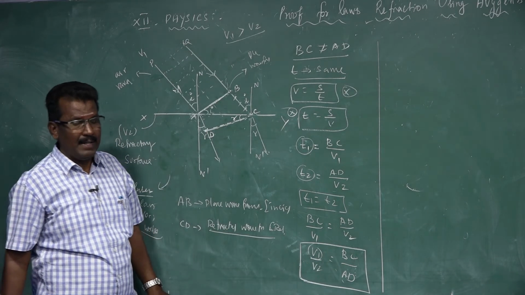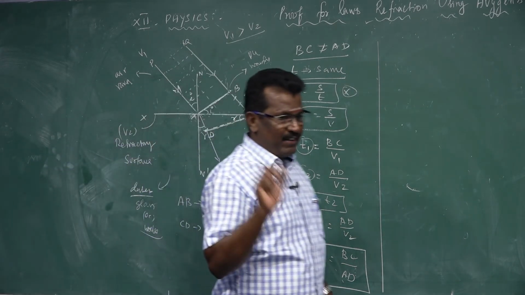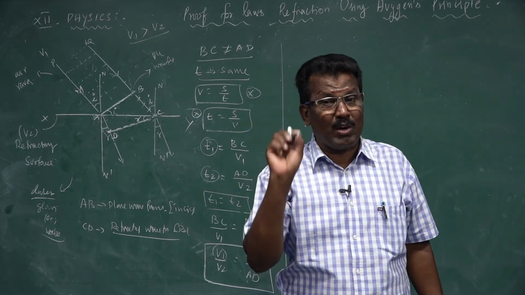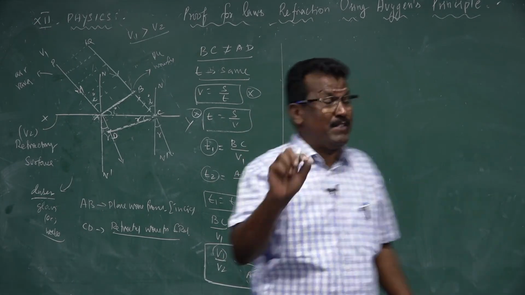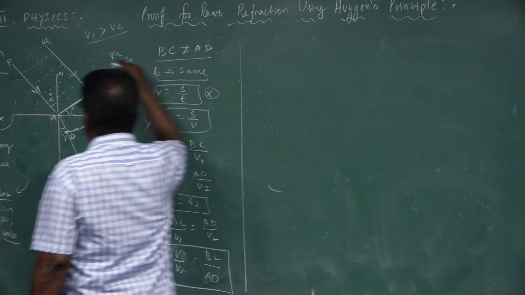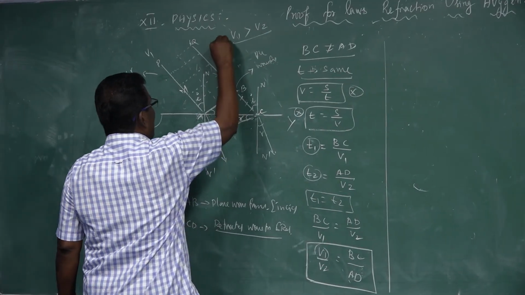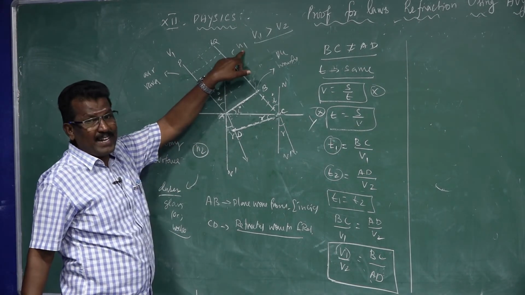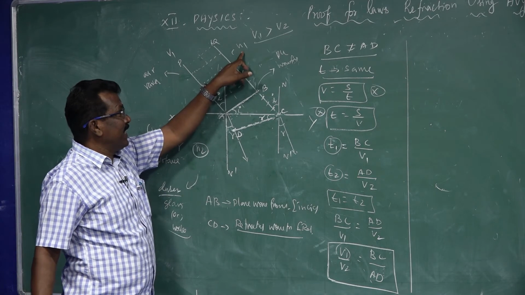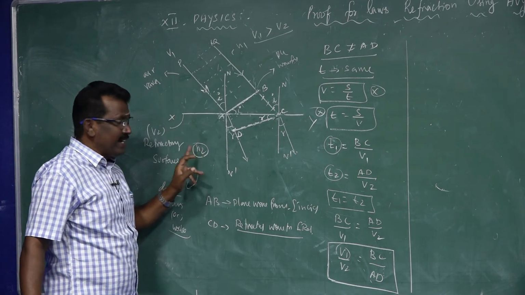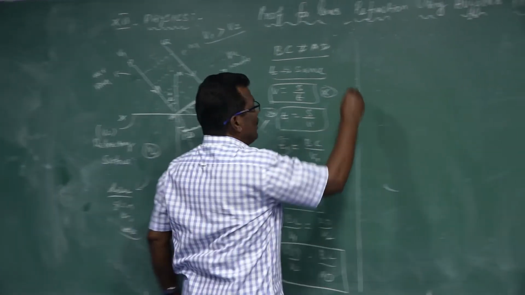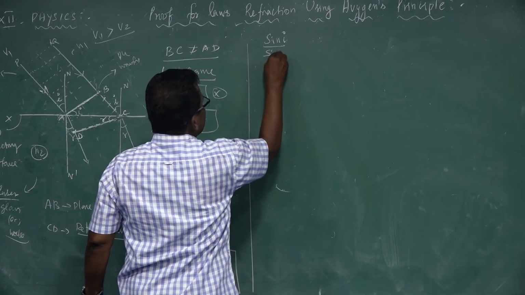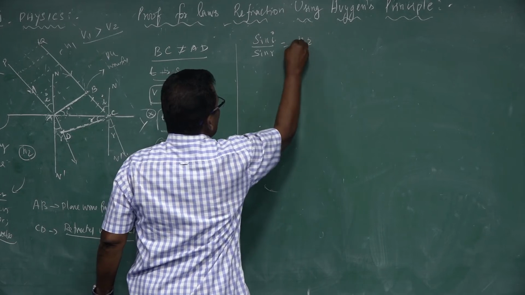According to the law of refraction, the sine of the angle of incidence to the sine of the angle of refraction must equal the refractive index of the second medium with respect to the first medium. N1 is the refractive index of the rarer medium, and N2 is the refractive index of the denser medium. So sin i by sin r is equal to N21.